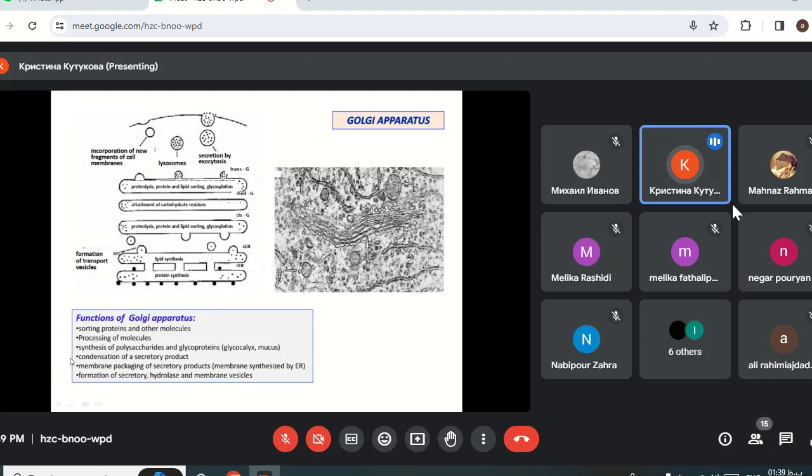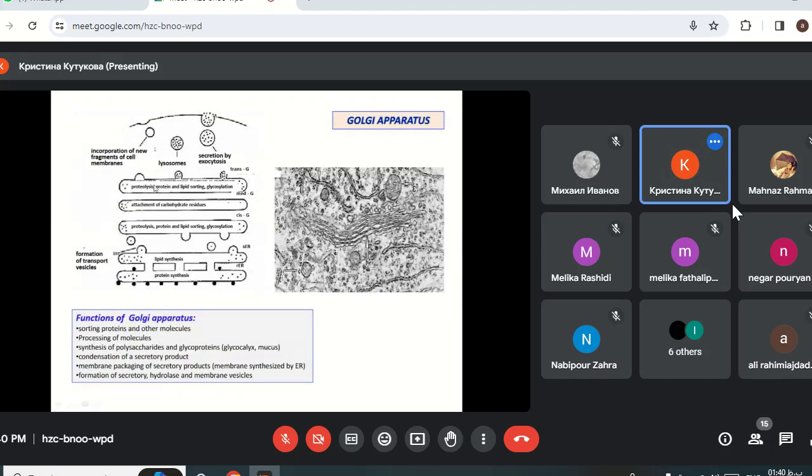Next, condensation of a secretory product. It means that these molecules become more concentrated, water is removed, and the solute becomes more concentrated. Next, membrane packaging of secretory products.